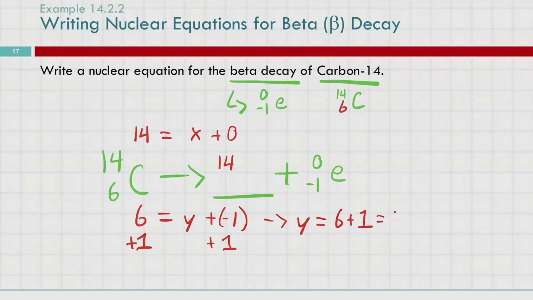Again, easy math, hopefully. So y is now 7. So 14 over 7, and then we go to our periodic table to see what has the atomic number 7, and it's nitrogen, N. So 14 over 7, N. And that's our whole nuclear equation for the beta decay of carbon-14. Question? The nitrogen would be the daughter nuclide? Yes, the nitrogen is the daughter nuclide.